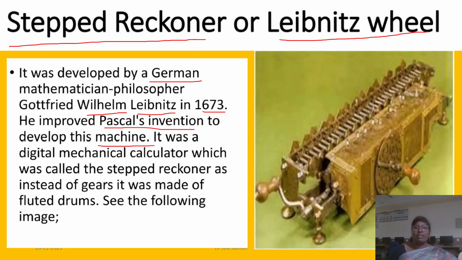It was a digital mechanical calculator called the step reckoner because, instead of gears, it was made of fluted drums. In the previous machine we saw gears. Now he replaced the gears with fluted drums. If you observe this figure, these are all the fluted drums, an enhancement over the previous machine.